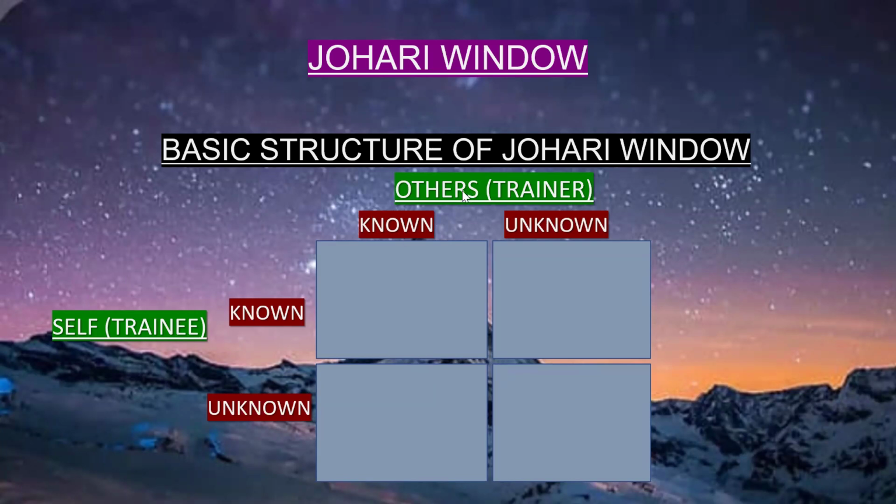It is possible that certain aspects of A's personality, habit patterns, attitudes, strengths, weaknesses are unknown to others. So this is a situation, friends. Now this situation, known to others and unknown to others, and known to self and unknown to self, results in this structure. Look at the next slide.